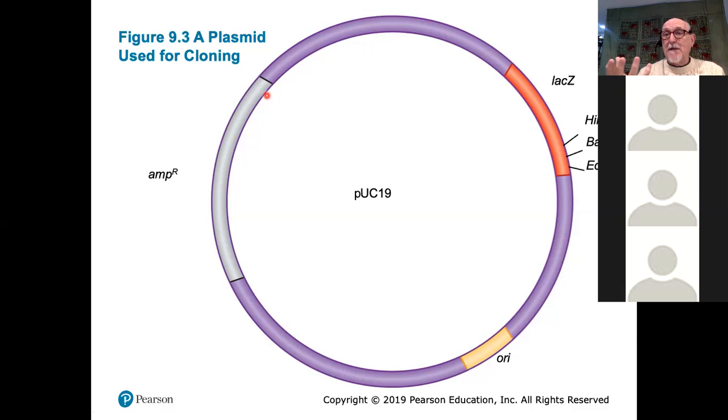We make a solid medium, agar, with ampicillin in it. And bacteria which are sensitive to ampicillin will not grow on it. Under normal circumstances, that would include E. coli. But if we have successfully inserted this plasmid into E. coli, it will grow on the ampicillin plate.